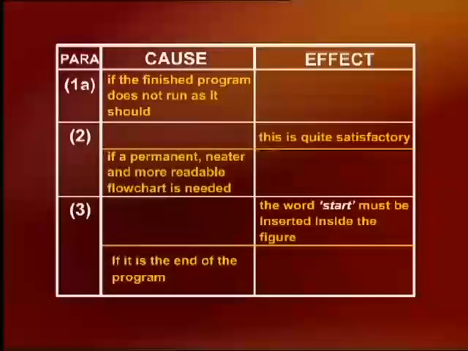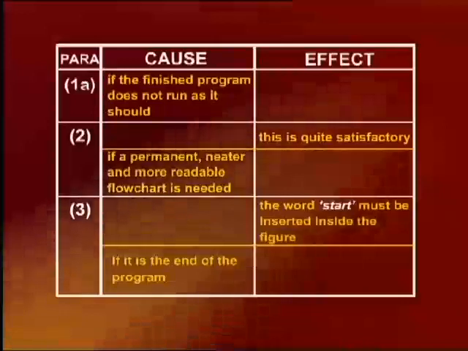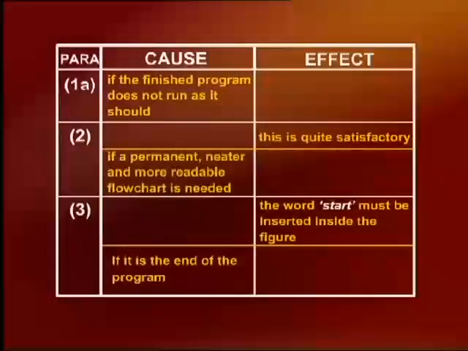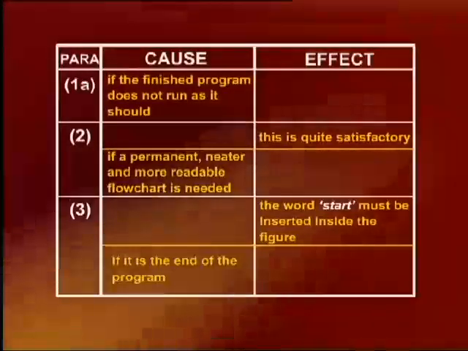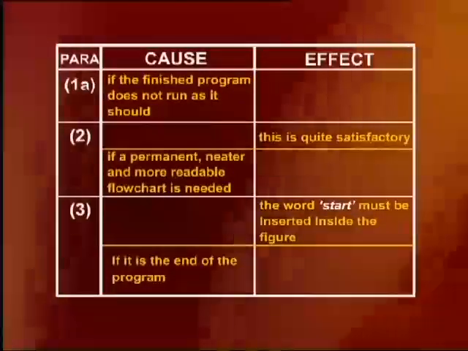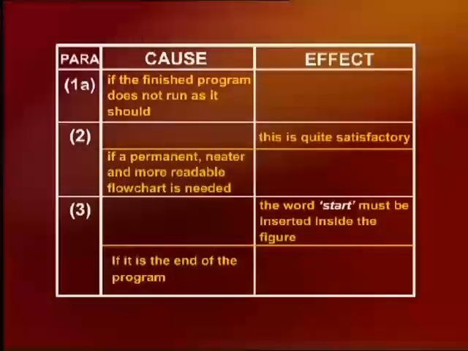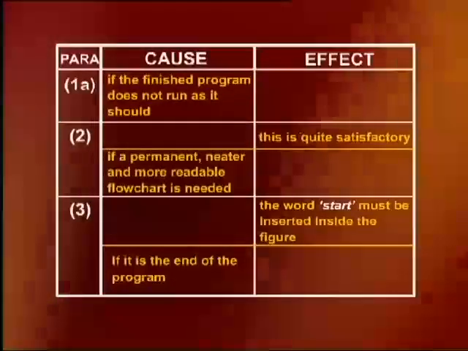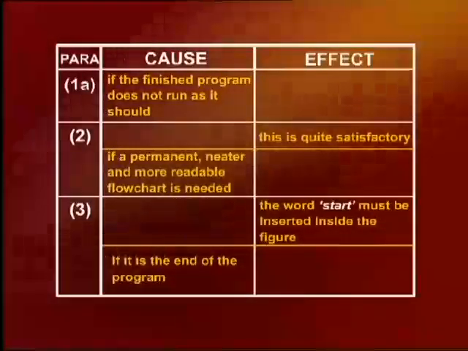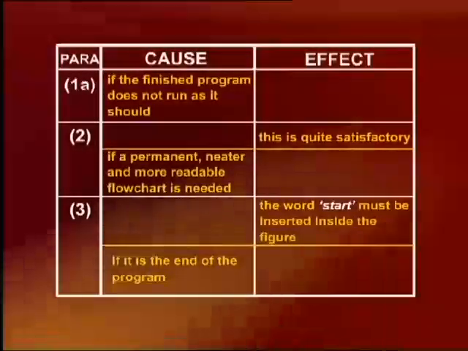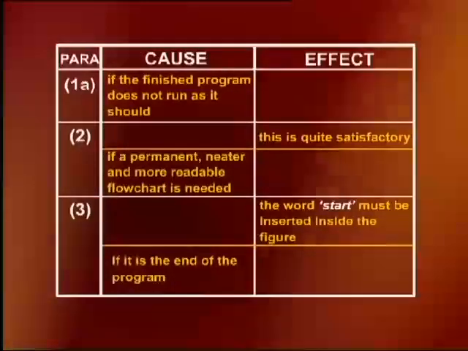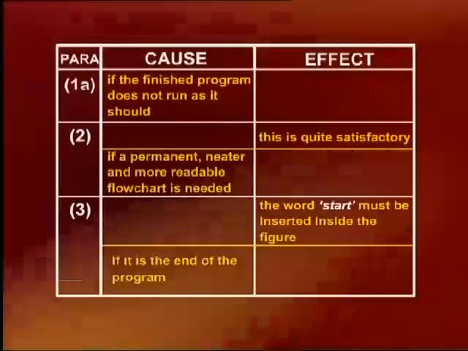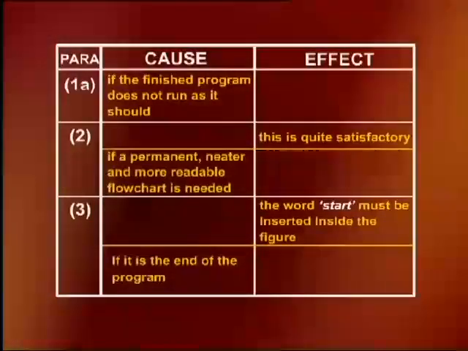One part is the cause and the other is the effect. In this table, in some places the effect is given and you have to look for the cause. In others the cause is given and you have to look for the effect. If you remember the markers for cause, which are "if" and "because," it will be easier for you to locate the information.